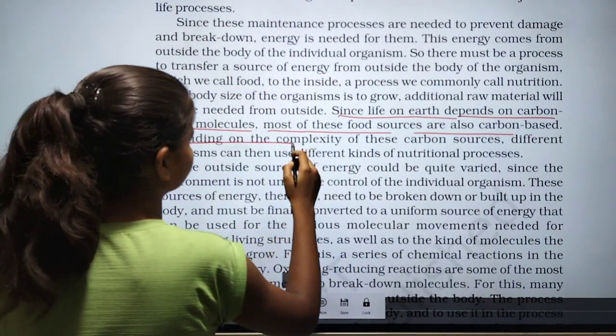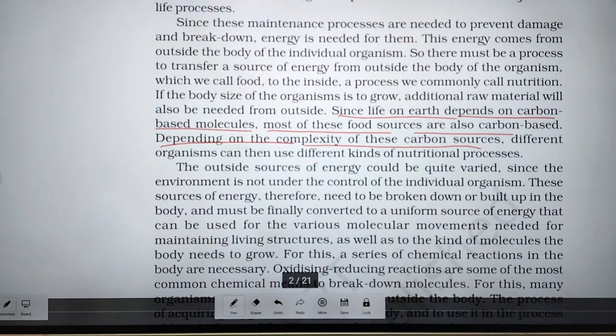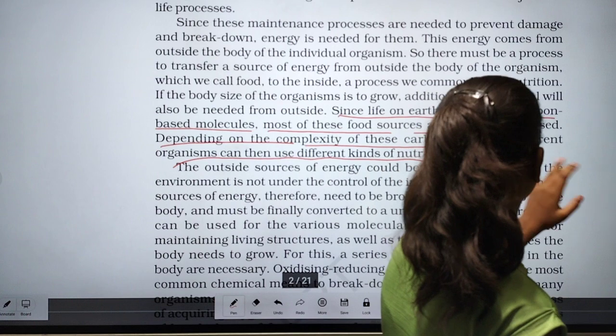Depending on the complexity of these carbon sources, different organisms can then use different kinds of nutrition processes.